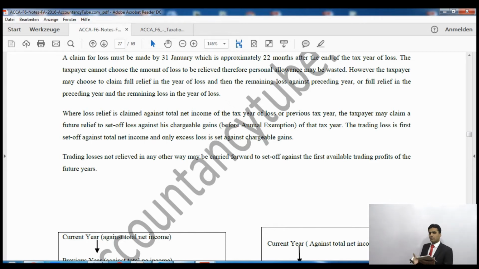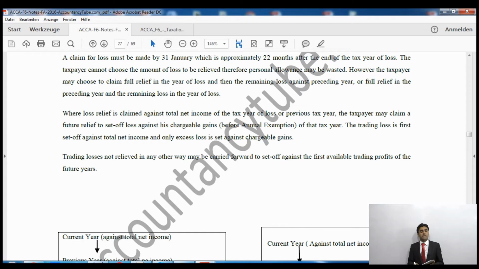Now, when we are setting off the losses, the whole amount of profit will be set off against the loss, right? When I set off the whole profit against the loss, it means that the personal allowance will be wasted. Say for example, I have a profit of £10,000 and a loss of £10,000 as well. If I set off this loss against the current year's profit, there is no benefit, because this profit of £10,000 was already covered by the personal allowance anyway.